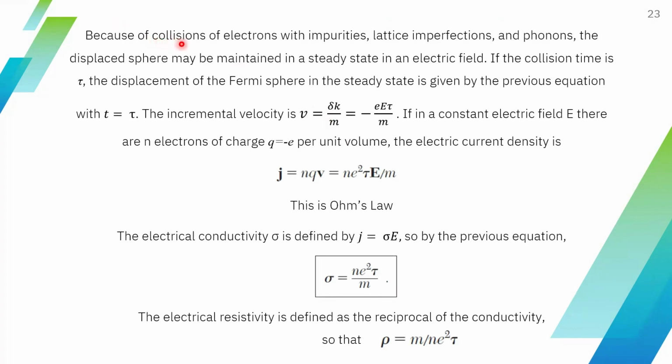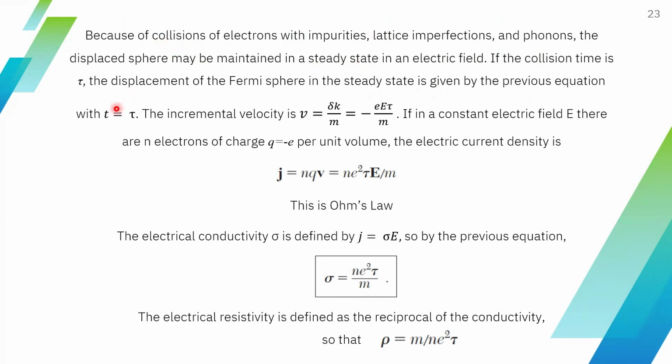Because of the collisions of electrons with impurities, lattice imperfections, and phonons, the displaced sphere may be maintained in a steady state in an electric field. If the collision time is tau, the displacement of the Fermi sphere in the steady state is given by the previous equation with t equals tau.